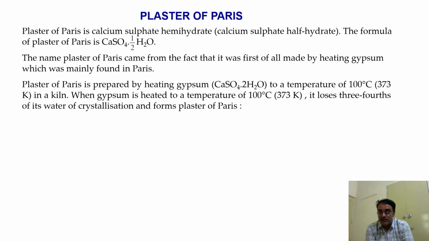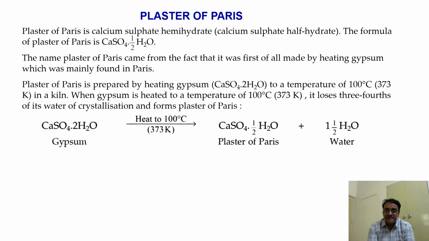We saw gypsum just now, right? Calcium sulfate dihydrate is heated to a temperature of 100 degrees Celsius, that is 373 Kelvin, in a kiln. When gypsum is heated to 100 degrees Celsius, it loses 3/4 of its water of crystallization and forms plaster of Paris, right?